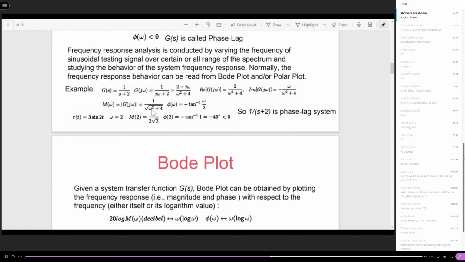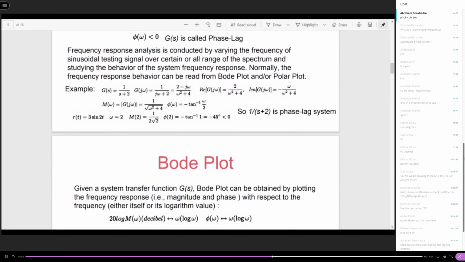Remember we said that the frequency response is that we allow the frequency to vary continuously in a spectrum. So here the spectrum is what? Omega from 0 to infinity, right? That's what I want: the full spectrum.